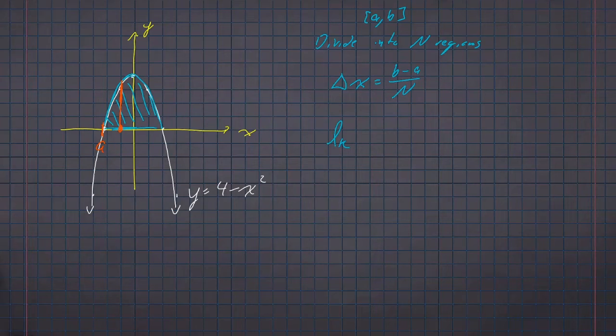If we start at a and we go over k places, then we're looking at x equals a plus k times delta x. And to find the height at that particular x value, we simply evaluate our function f at a plus k delta x.